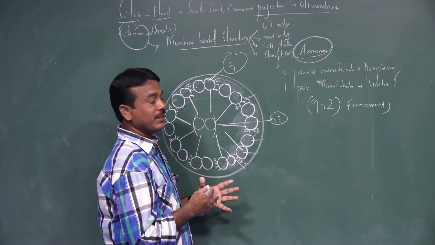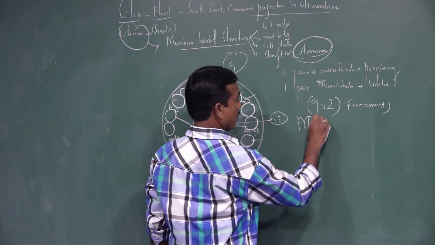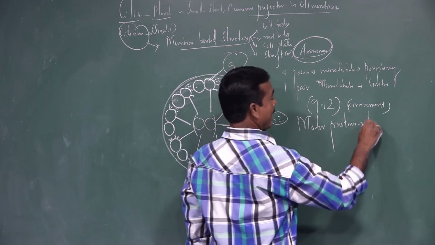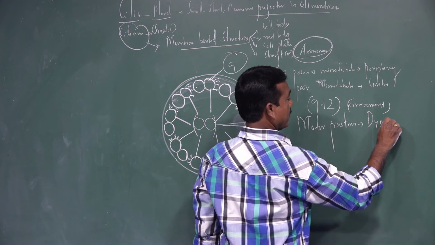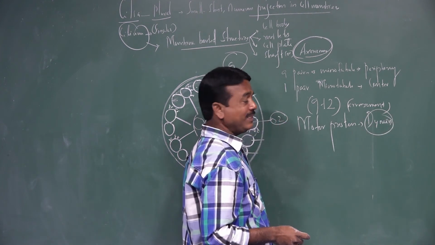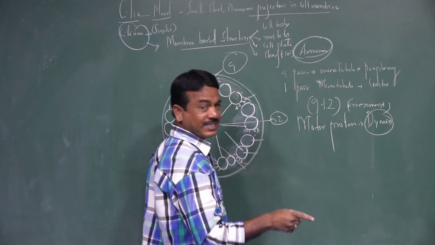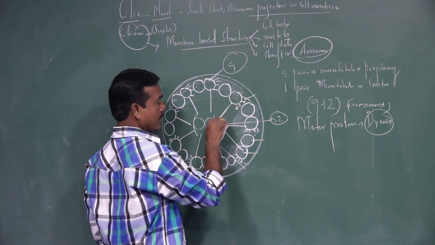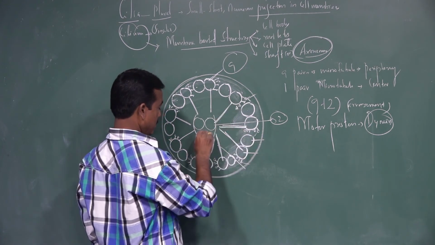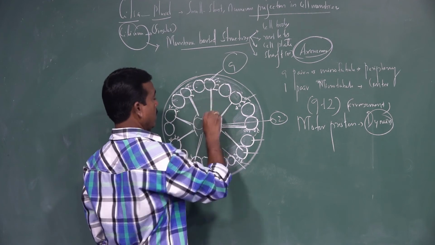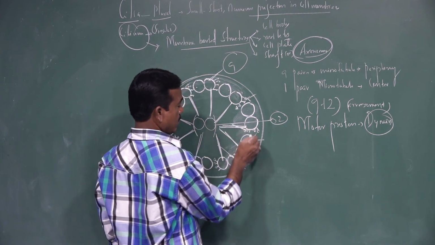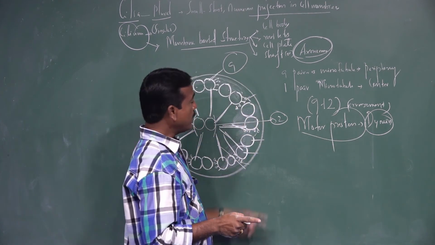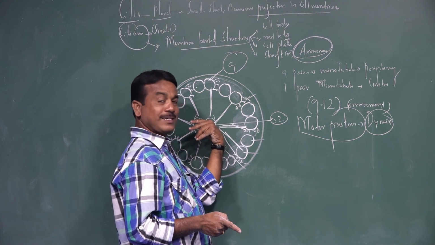The motor protein is called dynein. The motor protein dynein connects the peripheral microtubules and the central microtubules.